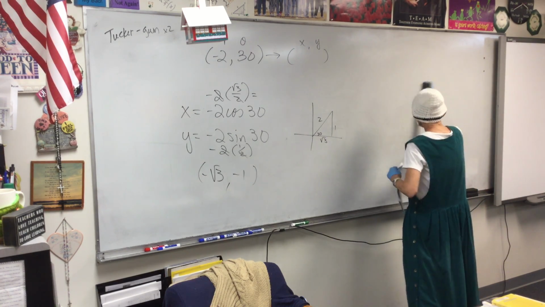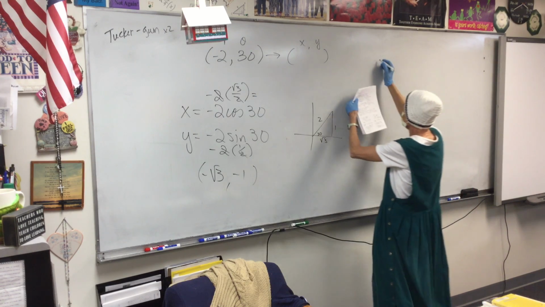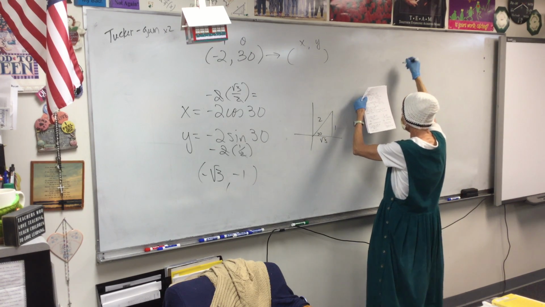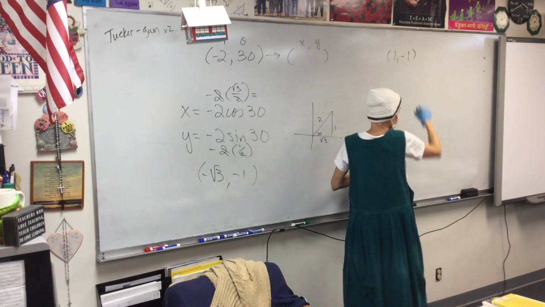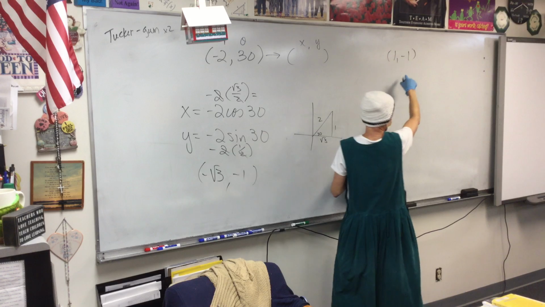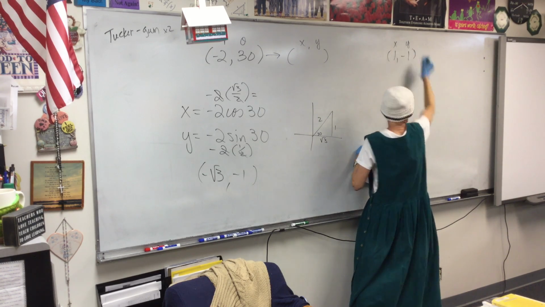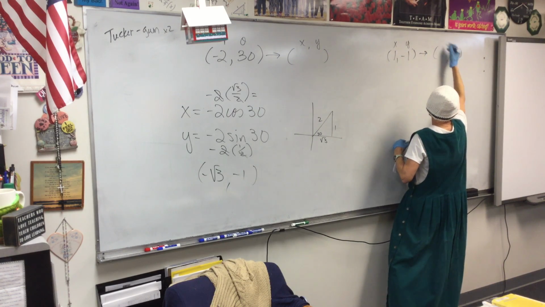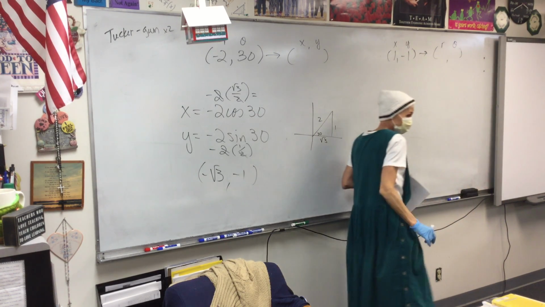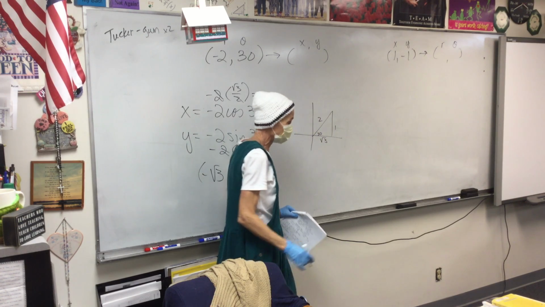Number 2 says convert to polar coordinates. So what does that mean? If we're converting to polar, these must be x and y, and we want r and theta. Draw a triangle, absolutely.